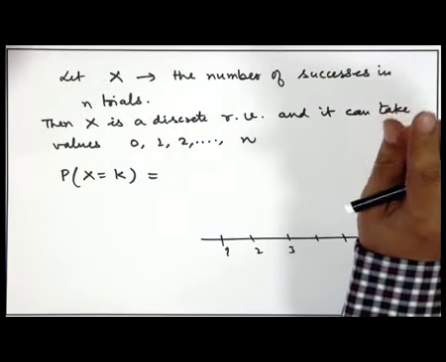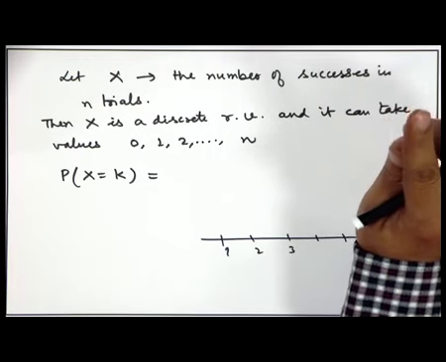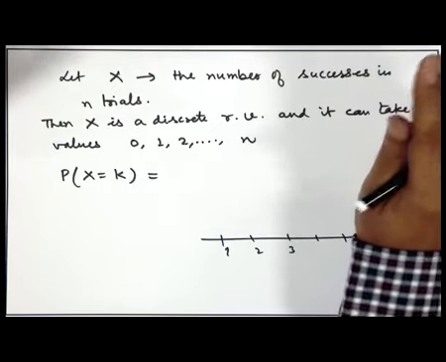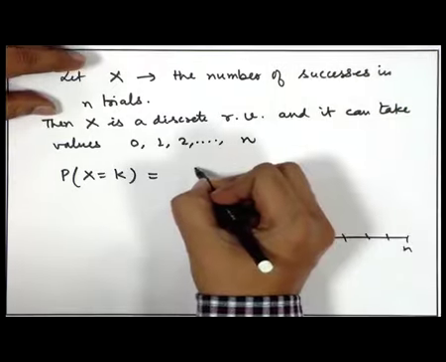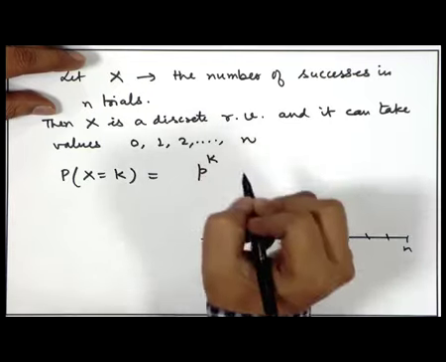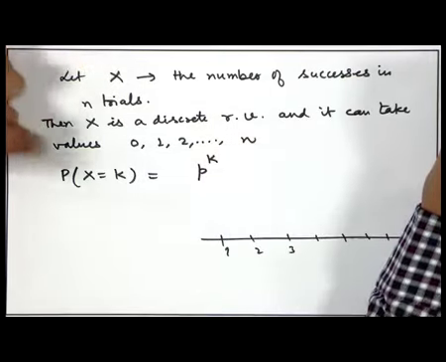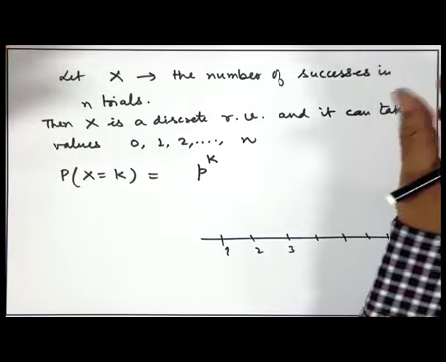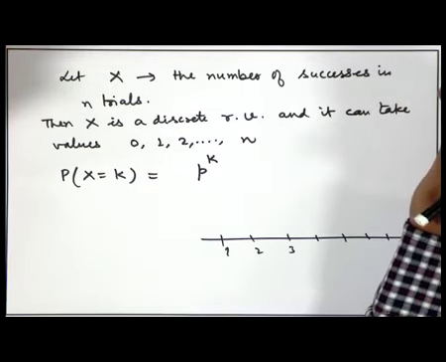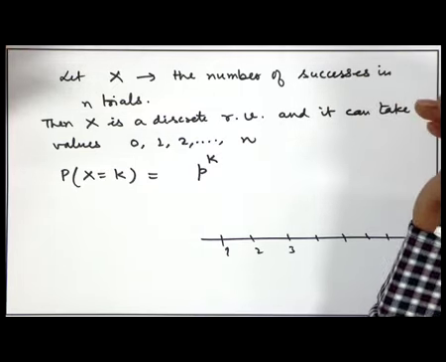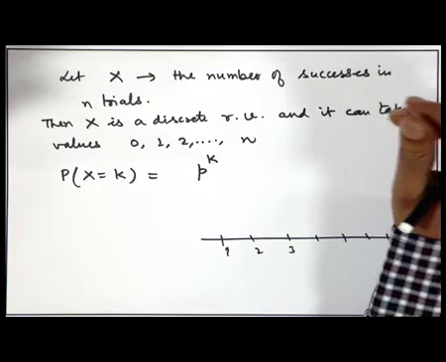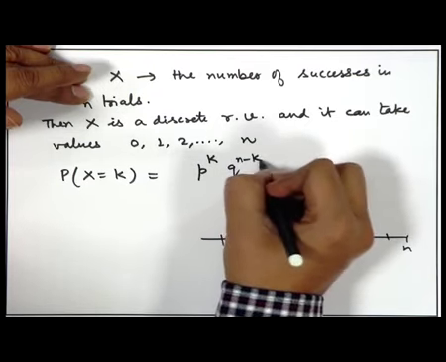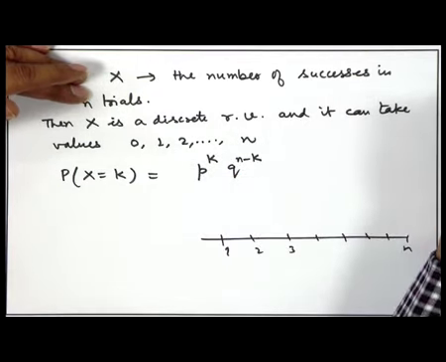In one trial, the probability of success is P. So, for K successes, the probability becomes P into P up to K times, that is p to the power k. But it also means that the remaining n minus k trials result in failures. The probability of one failure is 1 minus p or q, and again the trials are independent. So, it becomes q into q n minus k times, that is q to the power n minus k.